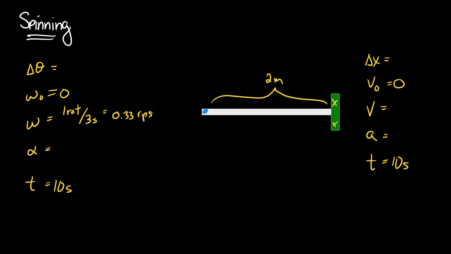I'll point out that this side has our 3 pieces of information already. That means we could use those motion equations to work out this side. This side doesn't have those 3 pieces of information. But there's a bridge, something that bridges the angular side and the linear side. And that bridge looks like this.